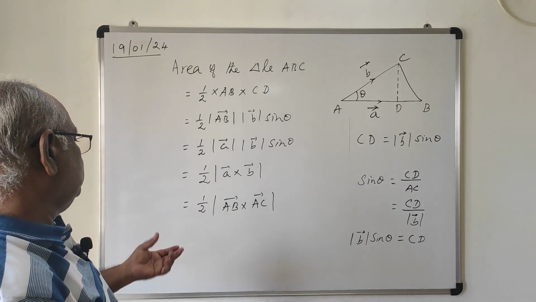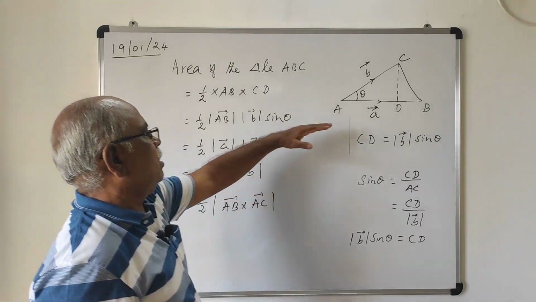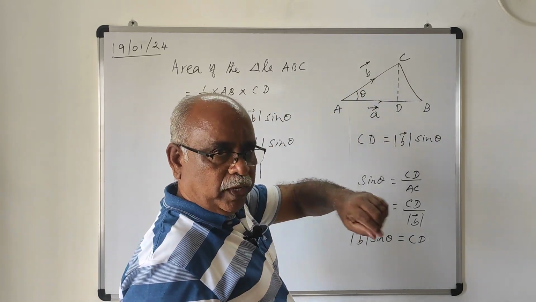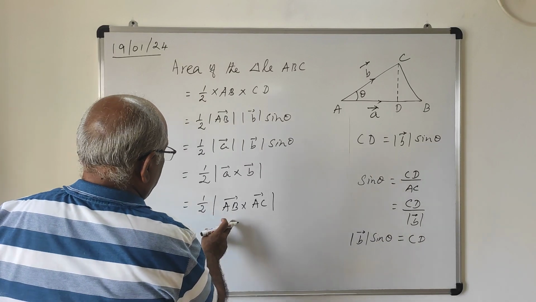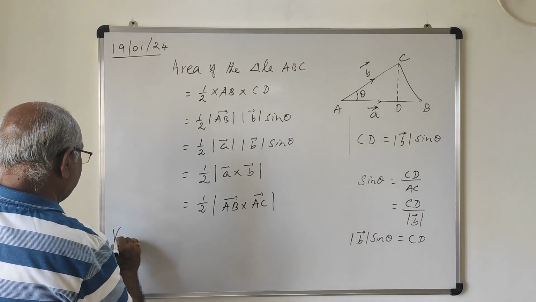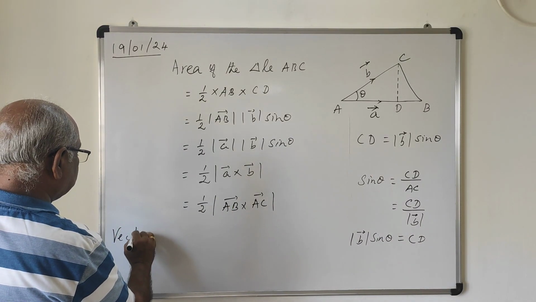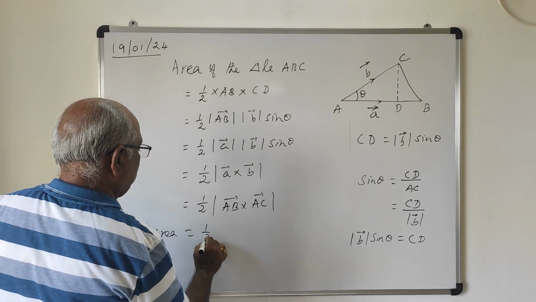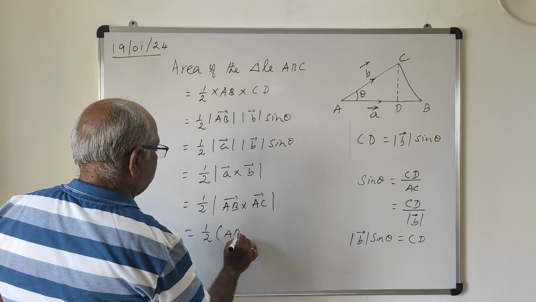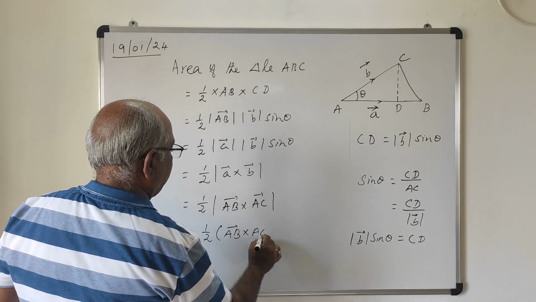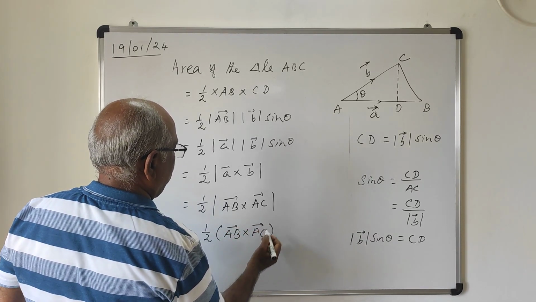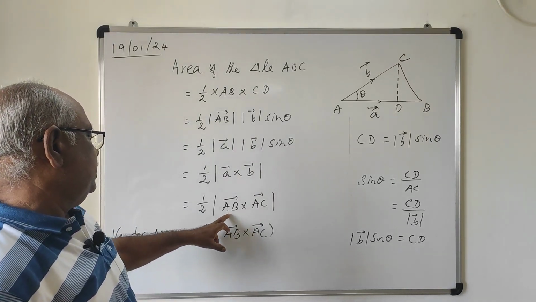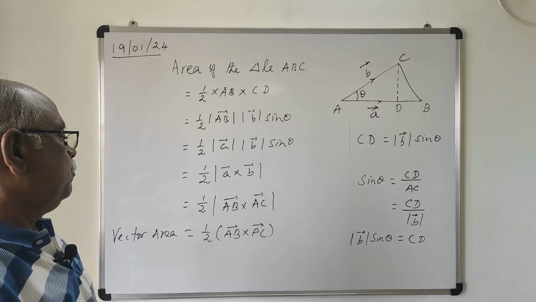This is our idea: if any two sides are represented by two vectors, then mod of A cross B divided by 2 is the area of the triangle. The vector area of the triangle is half of AB cross AC, not modulus, the vector product itself. This is the vector area, and the other is the magnitude of the area.